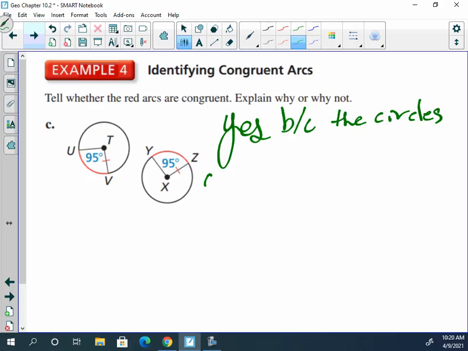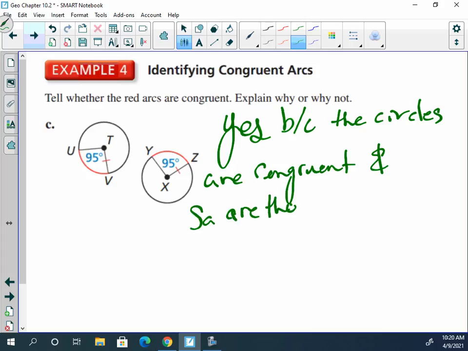The circles are congruent and so are their corresponding central angles.